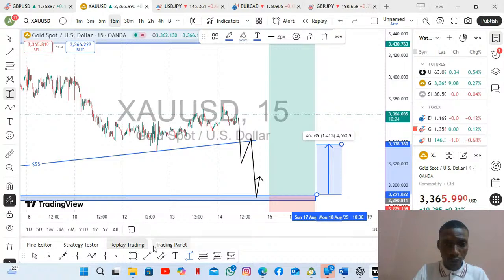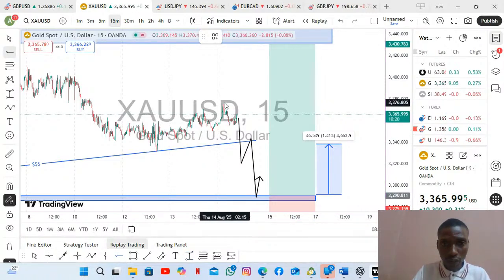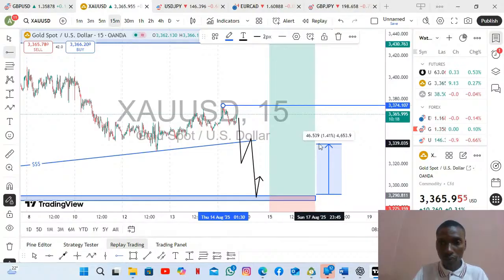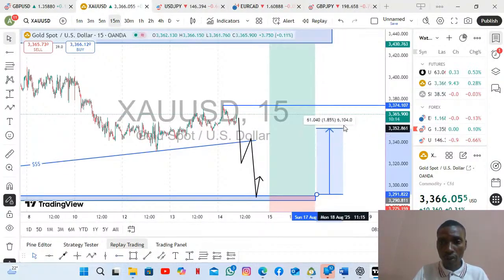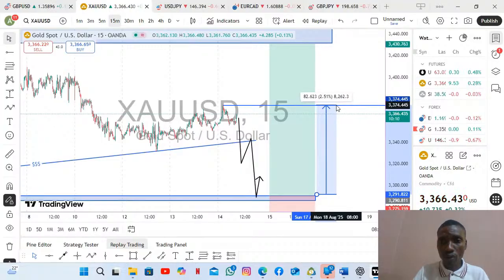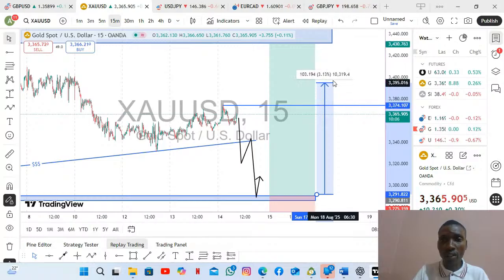The first realistic point we should be looking at is taking profit here. This should be the first place we are looking at taking our profit, and ultimately we take our profit here.